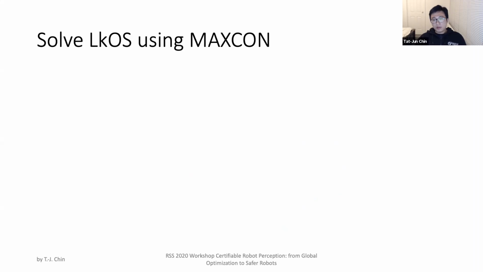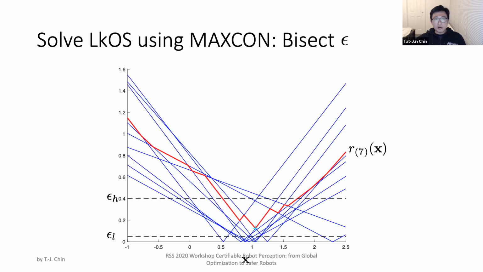All right, so let's flip the problem over. Can I solve LKOS using MaxCon? Assuming we have a black box routine that can solve MaxCon, for whatever epsilon we provide, it can always find the line that contains the most number of points in that epsilon slab. So I could try different epsilons. In fact, I could do bisection: start with a big range for epsilon and keep halving the interval.